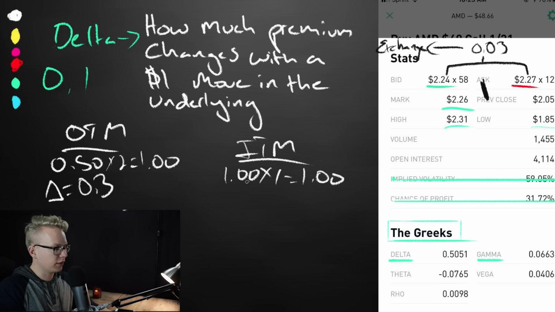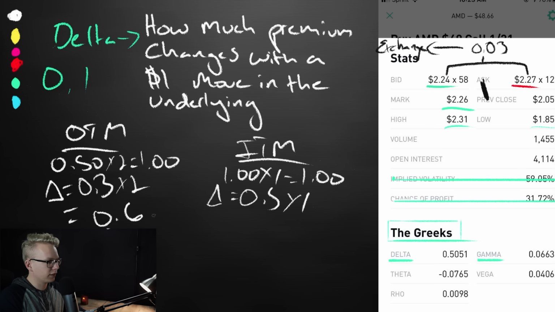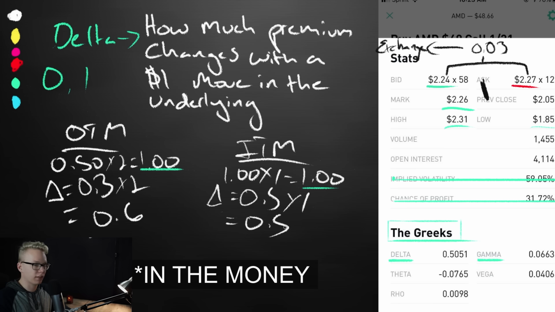The delta for each of these is equal to 0.5. However, you bought 2 of these, you bought 1 of these. So your overall delta is 0.6. Your overall delta here is 0.5. So even though you paid the exact same amount, if you buy 2 out of the money options, you're going to have more leverage than buying 1 in the money option for the same price.